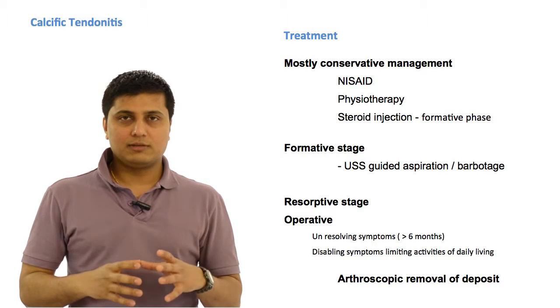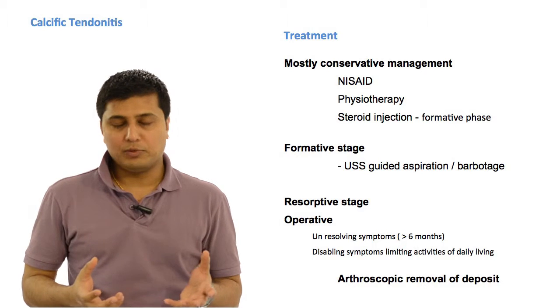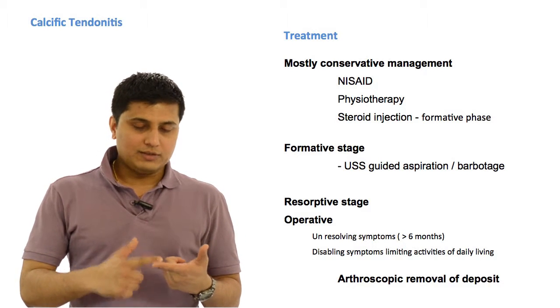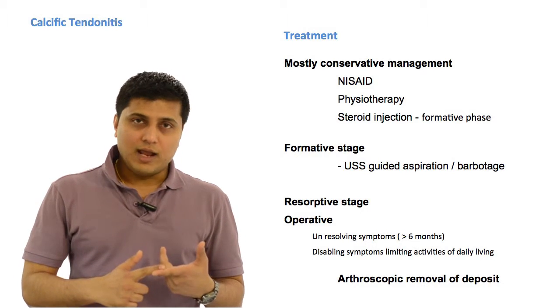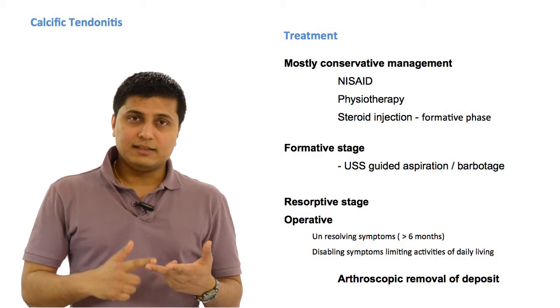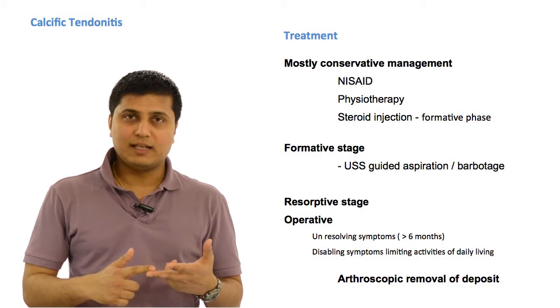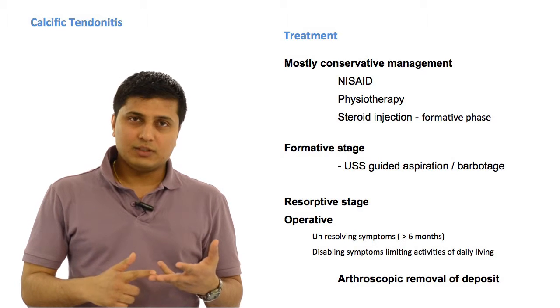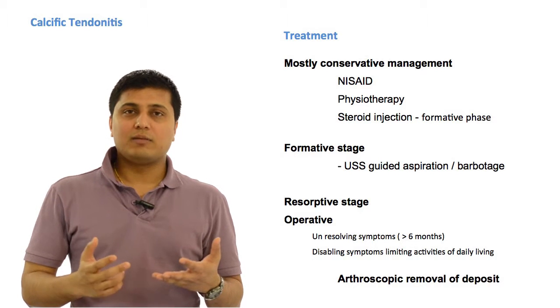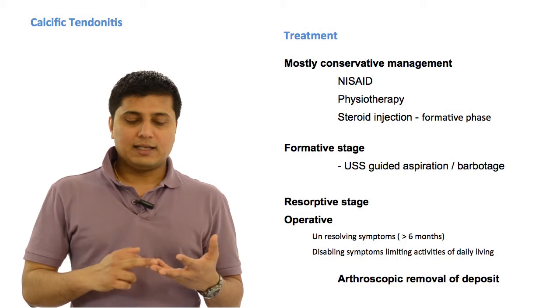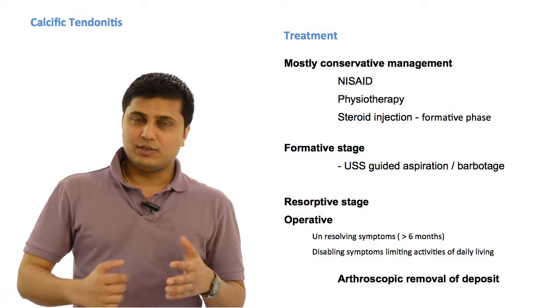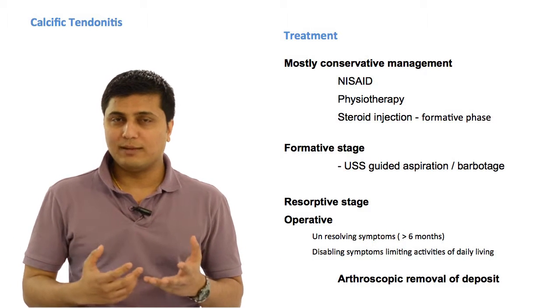The majority of patients get better with non-operative measures, such as anti-inflammatory medications. NSAIDs will control the inflammation, thereby the pain. Physiotherapy improves the range of movement. For example, in supraspinatus calcific deposits, the abduction is limited, so physiotherapy can help improve the range of movement.